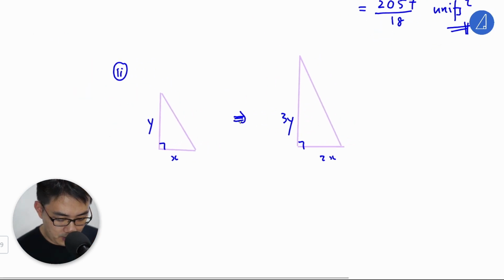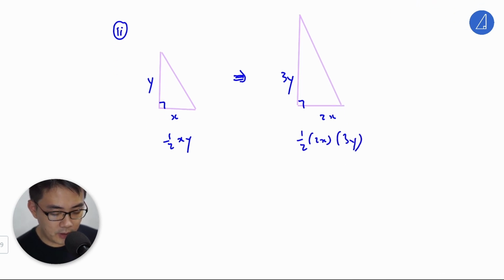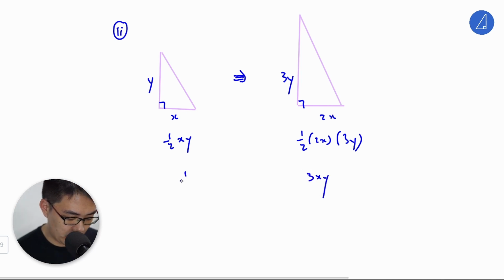The area here will be half times base times height. The area here will be half times base times height, right? If you do the same logic, it's a very straightforward way. The ratio of the area would then be half to 3, which is 1 to 6. Am I right?